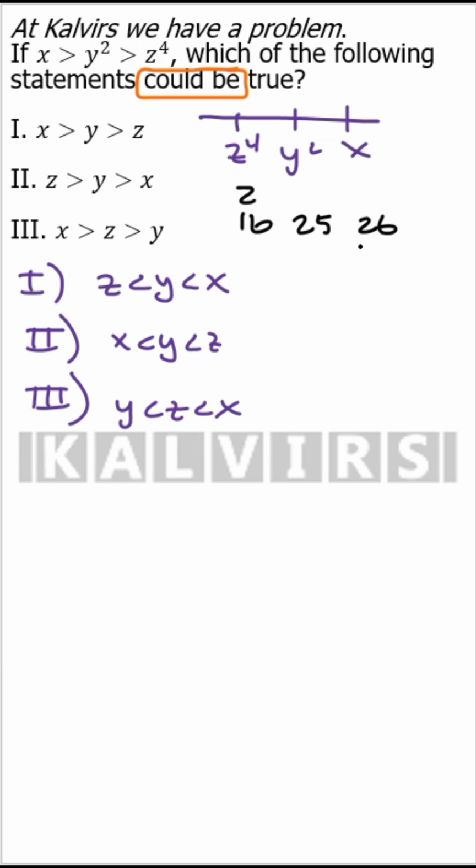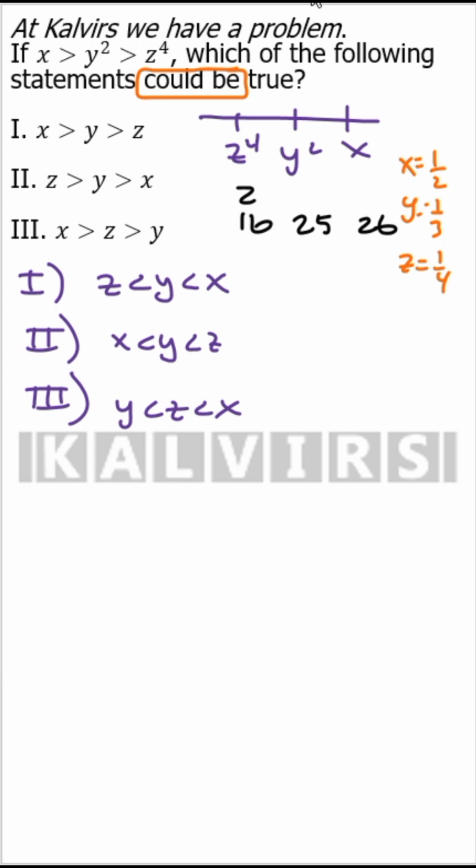Working with 26 is massive. It's better to work with fractions, because fractions have the possibility of matching better. For example, x could be 1/2, y could be 1/3, and z could be 1/4.